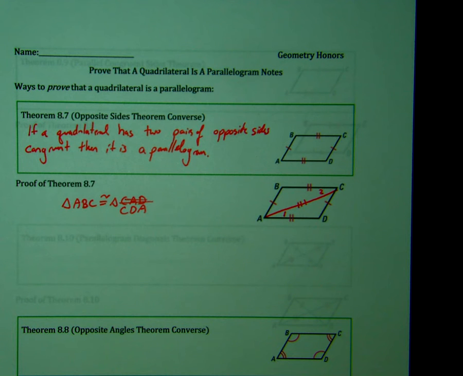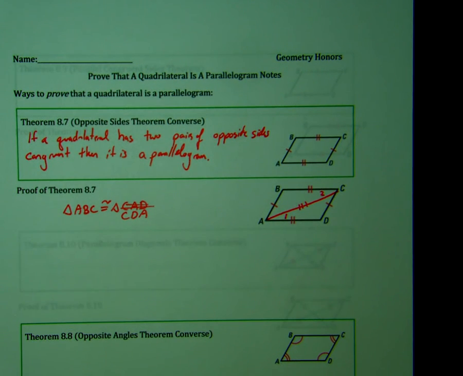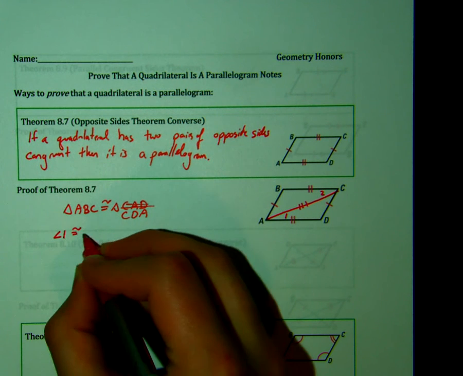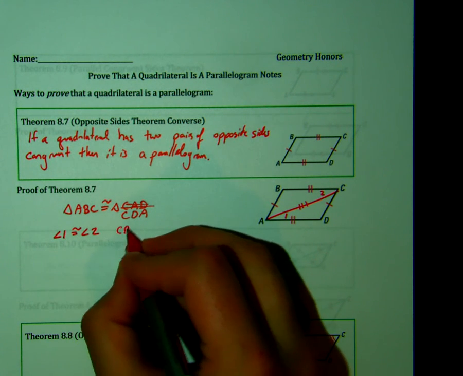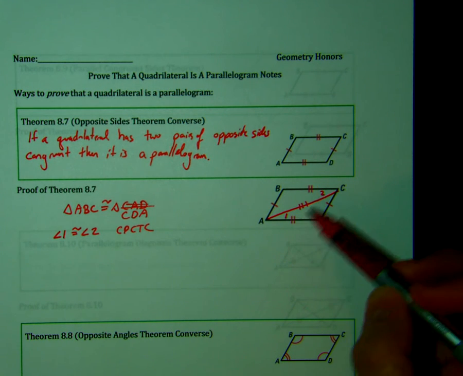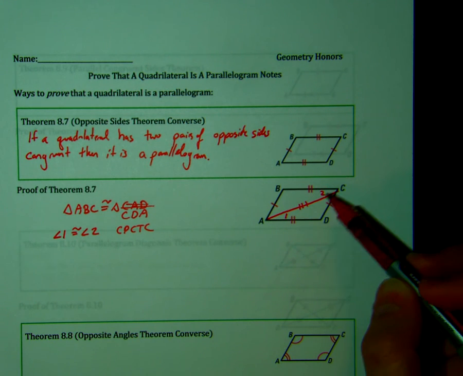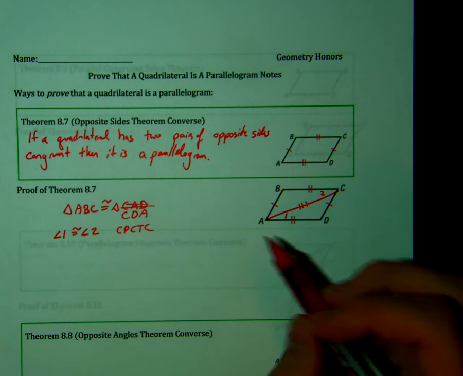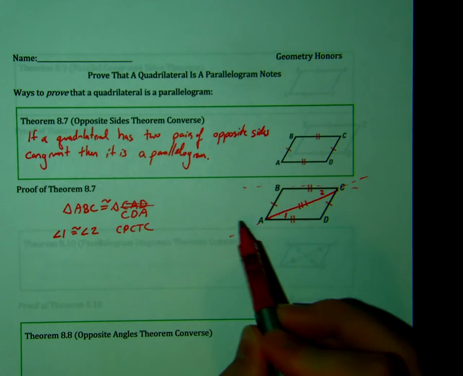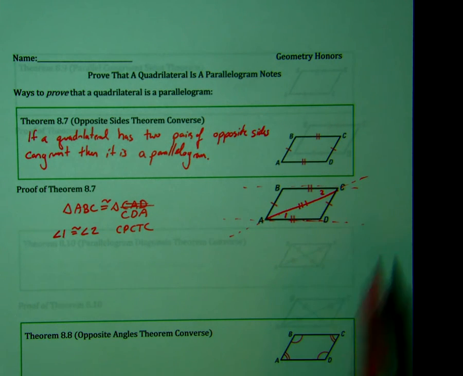So I'm just going to number those angles just for simplicity here, so I don't have to write out all of the letters. So these angles here, angle 1 and angle 2, are congruent by CPCTC. Okay, so they are corresponding parts in congruent triangles. Therefore, they are congruent. And because they are congruent, they actually are alternate interior angle pairs for this transversal AC and the lines BC and AD.